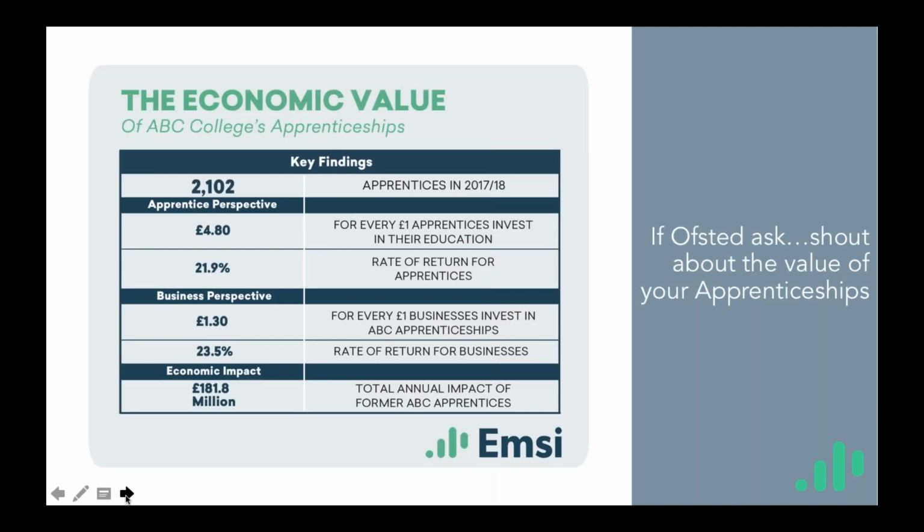So if we bring those things together, we can see some interesting findings and some interesting metrics. And if, for example, Ofsted come knocking, which they always do, it allows you to really shout about the particular value of your apprentices from the perspective of apprentices themselves, from the perspective of business or employers, and from the perspective of the economic impact and relevance that your provision is having.